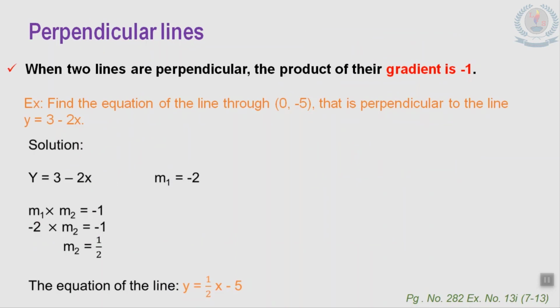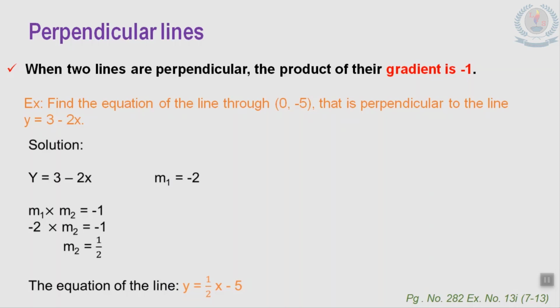Perpendicular lines. When 2 lines are perpendicular, the product of their gradients is minus 1. Example: find the equation of the line through 0, minus 5 that is perpendicular to the line y equals 3 minus 2x. According to this equation, the gradient of the given line, m1, is minus 2.